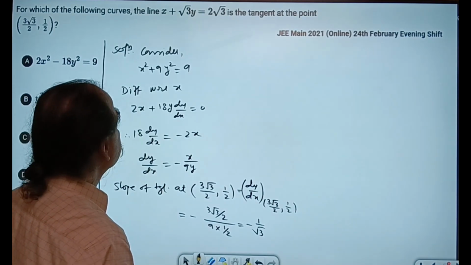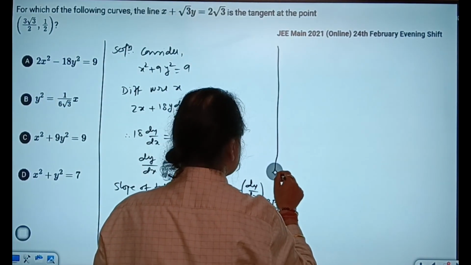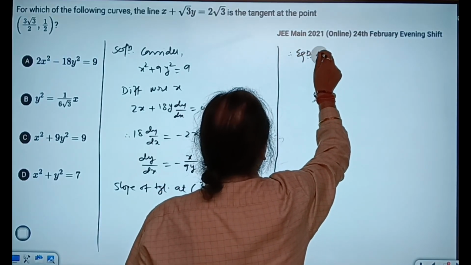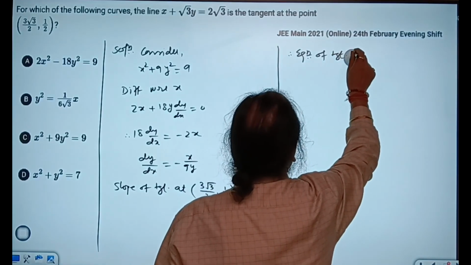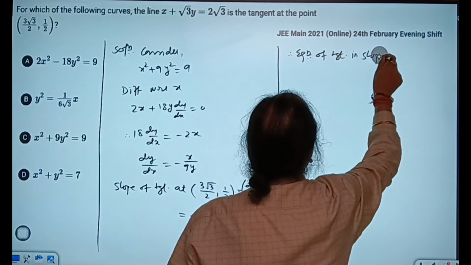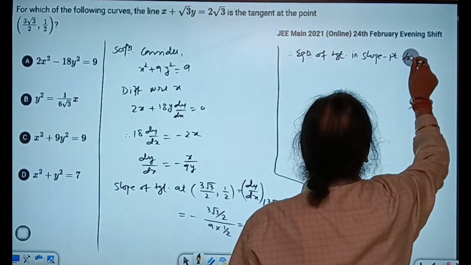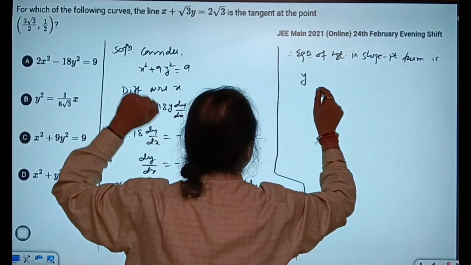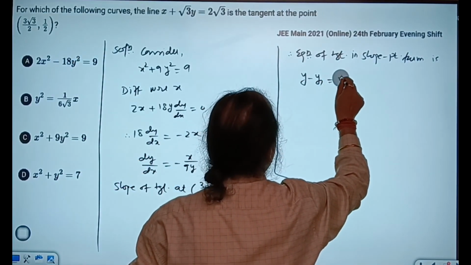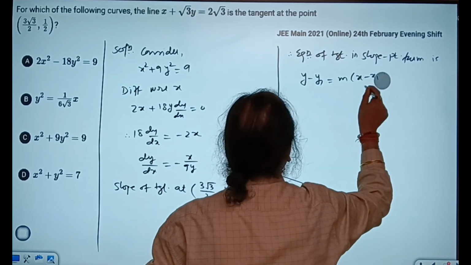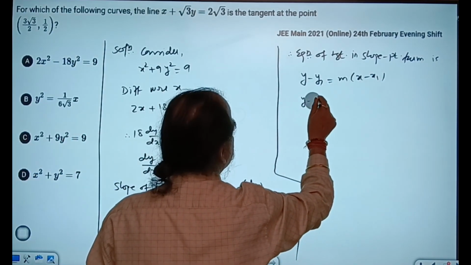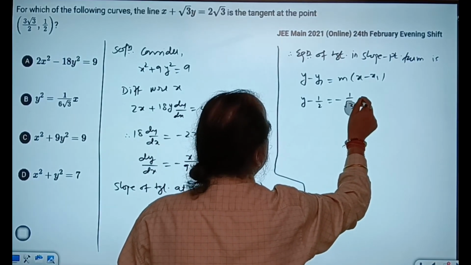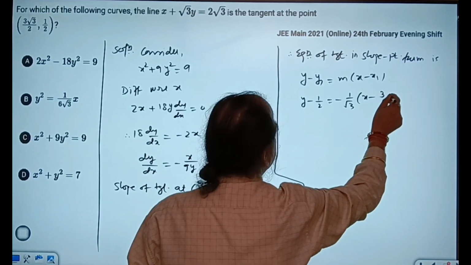Therefore, the equation of tangent in slope point form is y minus y1 is equal to m bracket x minus x1. So y minus half is equal to minus 1 upon root 3 into (x minus 3 root 3 by 2).